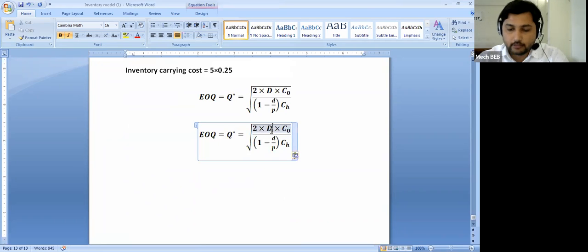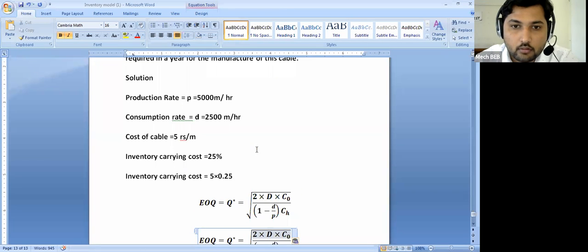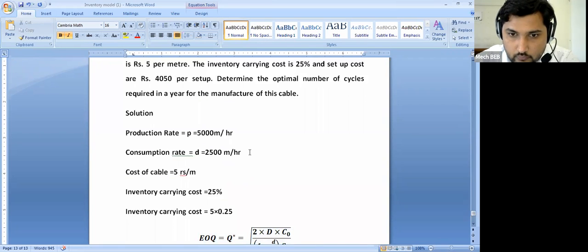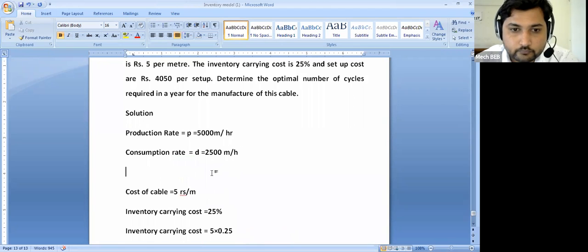The value of D, the demand, is known: 2500 meters per hour. That will be a known value. Here we need to calculate the demand also.